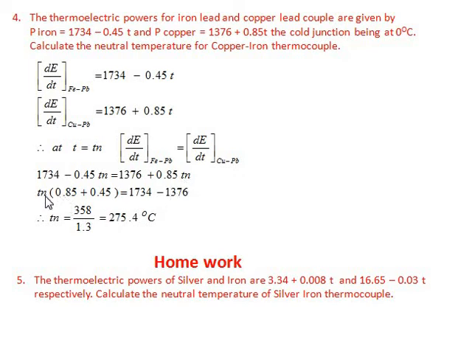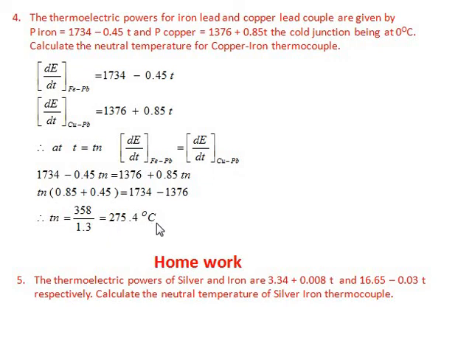Here I take this term to the right side and this term to the left side. So Tn into bracket 0.85 plus 0.45 is equal to 1734 minus 1376. Therefore Tn is equal to 358 divided by 1.3, that is equal to 275.4 degree Celsius.